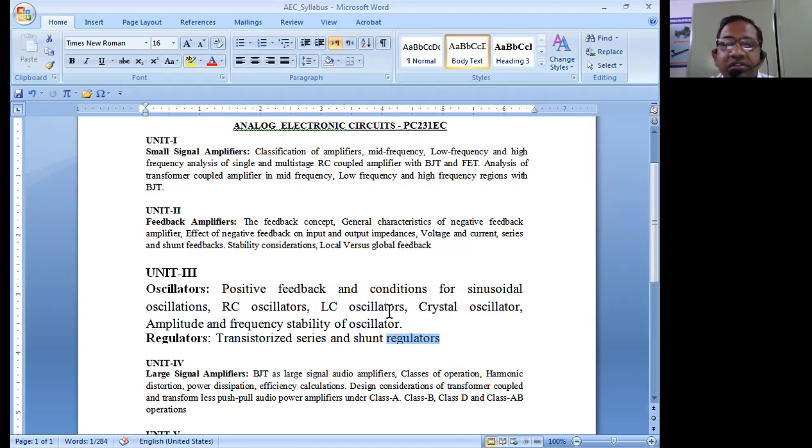This is what we discussed, and we started the regulators chapter in the previous sessions. So I will go through a glimpse of it once again. Already we discussed regulators. I just wanted to give a brief introduction of the regulator circuits once again.